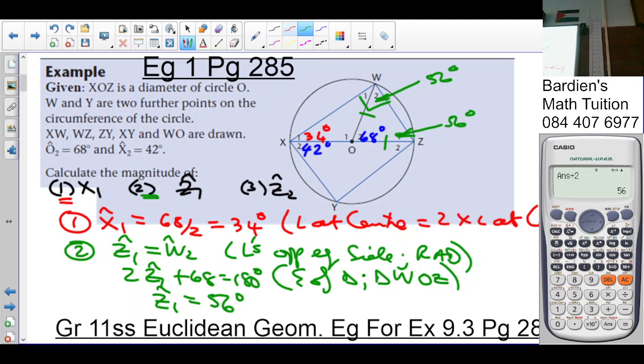Angle in semicircle. If we say 90 degrees plus 34 plus Z1 equals 180, sum of triangles. So you see there's three different ways. There's probably more. As long as I'm doing it properly and using my reasons as required, I'll get a full mark for the sum. You guys understand?